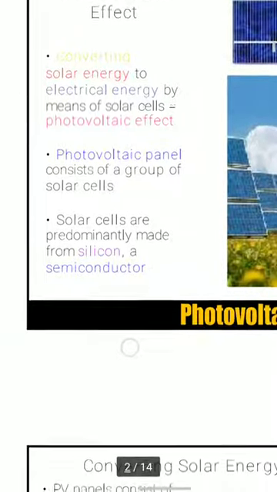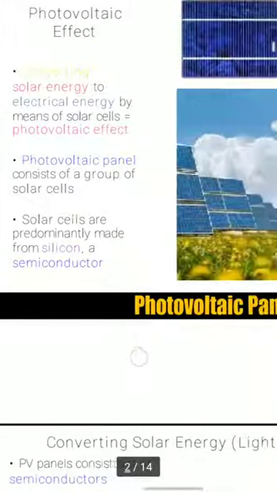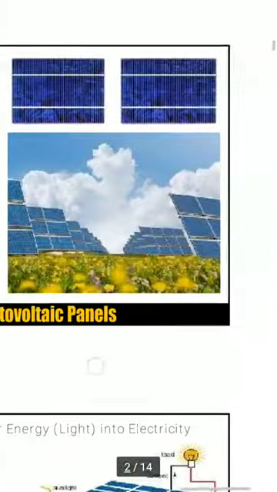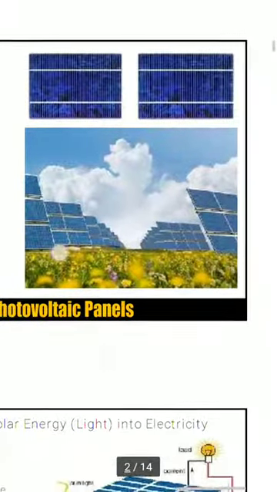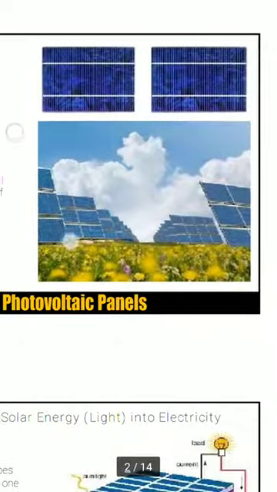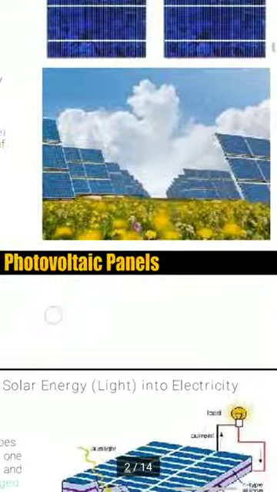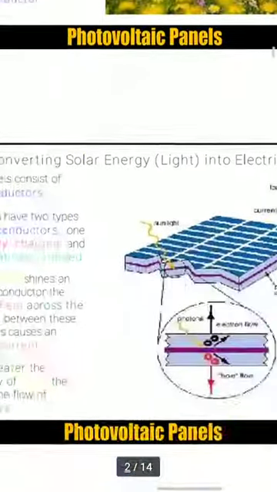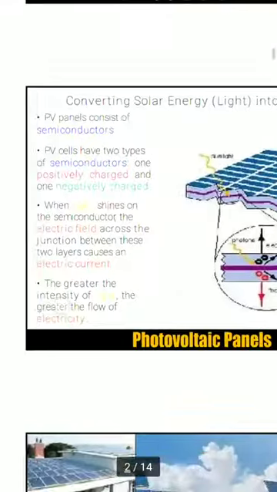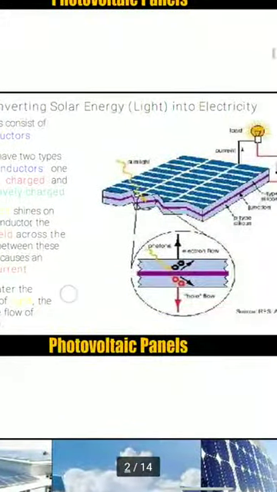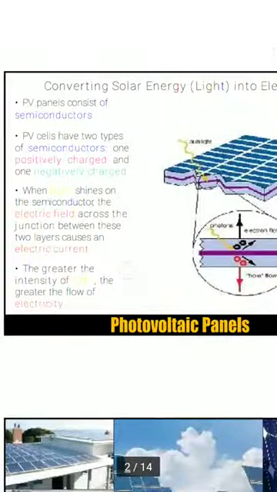Solar cells are predominantly made from silicon or semiconductors. In these solar cells, the movement of electrons causes the electricity flow, and a combination of solar cells is used to make a battery. This is a direct energy conversion, directly from the radiation to the electricity.